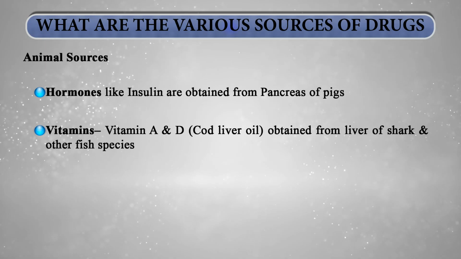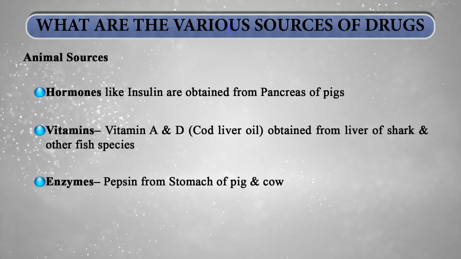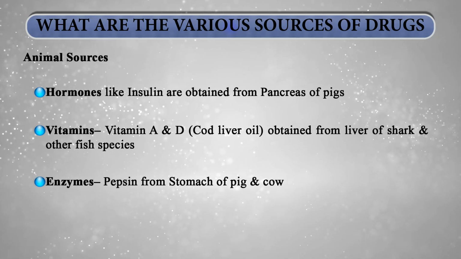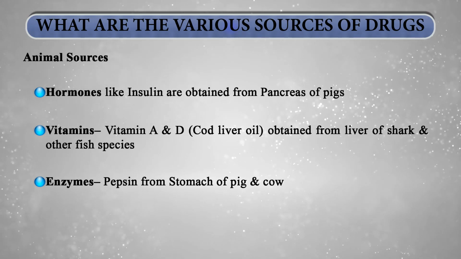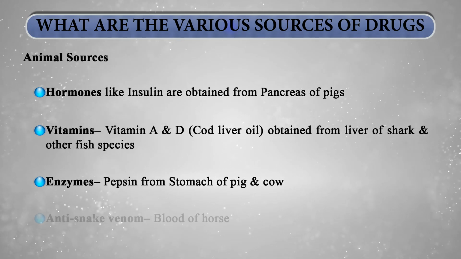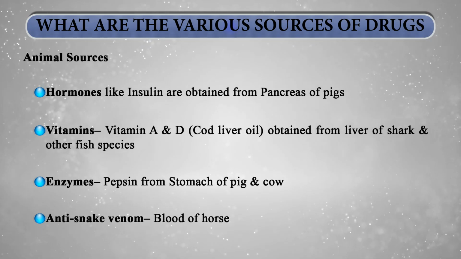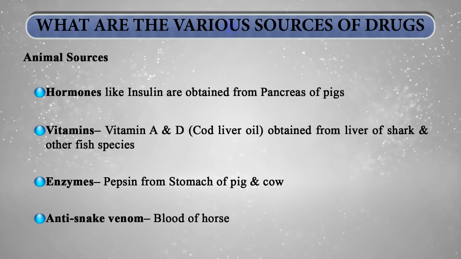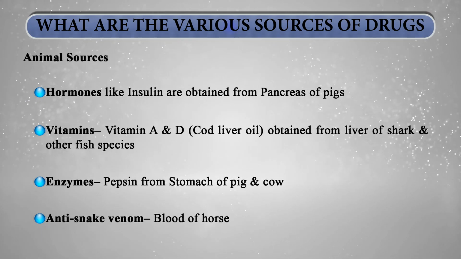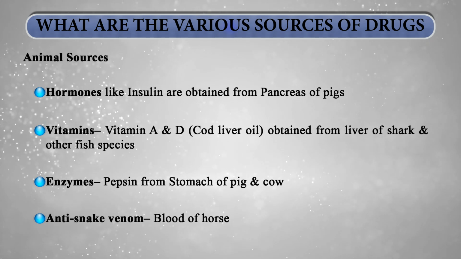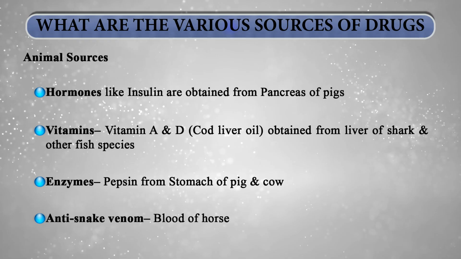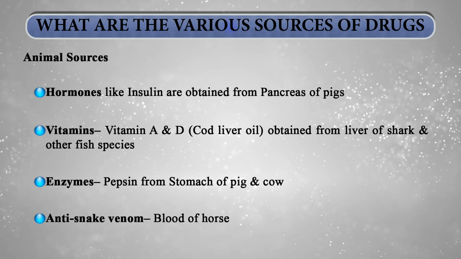liver of fish. Then there are some enzymes like pepsin, which is obtained from the stomach of pig or cow, and certain kinds of anti-snake venom. Sometimes some people get bitten by a snake. So what is the antidote for that? It is anti-snake venom.